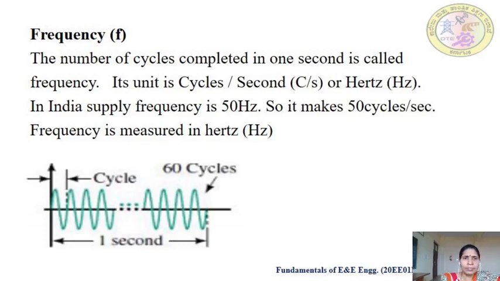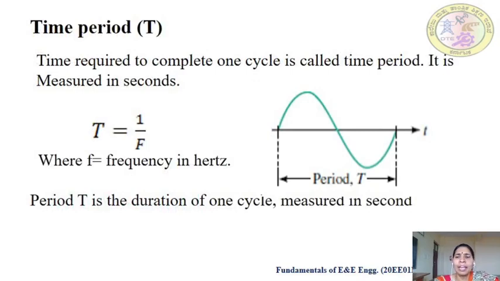Okay. Next definition, time period, denoted as capital T. The time required to complete one cycle is called time period. It is measured in seconds. The number of cycles completed in 1 second is frequency, while the time required to complete one cycle is the time period.